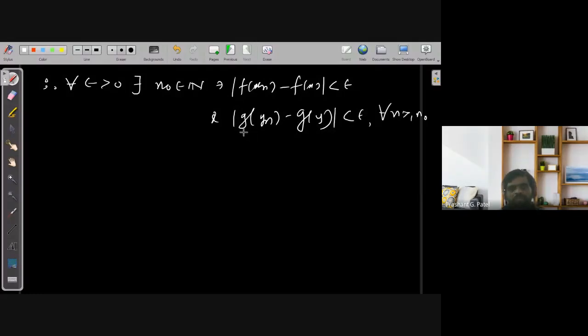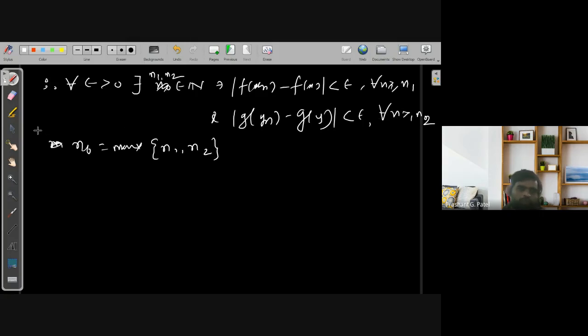For f and for g, there are different n0, but I will take this n0 as the maximum of n1 and n2. If you want, you can use n1 here and n2 here. So we take n0 as the maximum of n1 and n2.